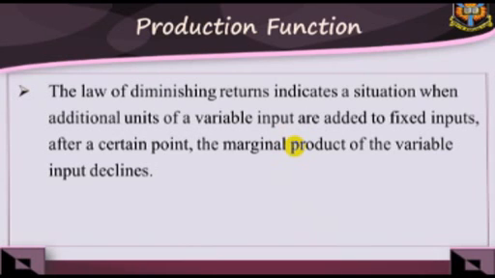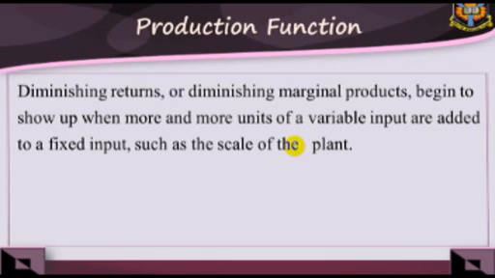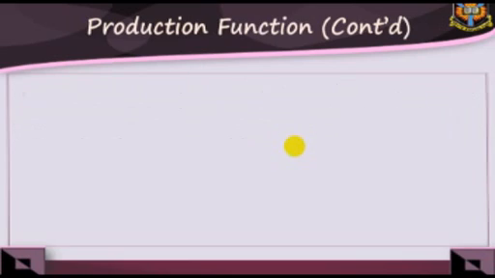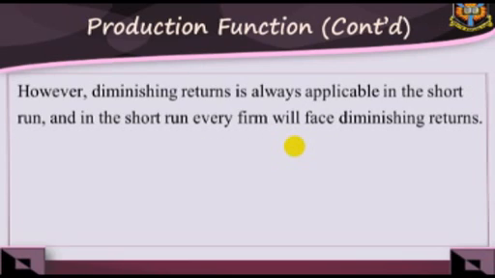The law of diminishing returns indicates a situation where additional units of a variable input are added to a fixed input. After a certain point, the marginal product of the variable input declines. Diminishing returns, or diminishing marginal product, begins to show up when more and more units of a variable input are added to a fixed input, such as the scale of the plant.